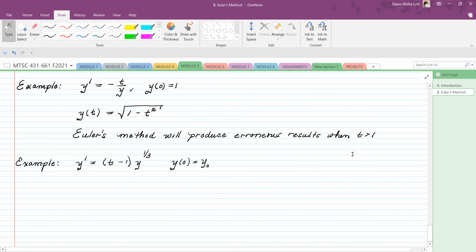Okay, so the solution to this, y at t, is going to equal (t minus 1) cubed over 3 plus y naught to the 2/3 power, minus 1/3, all of that raised to the 3/2 power.